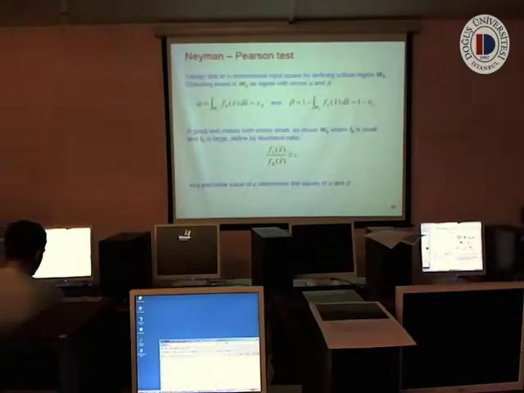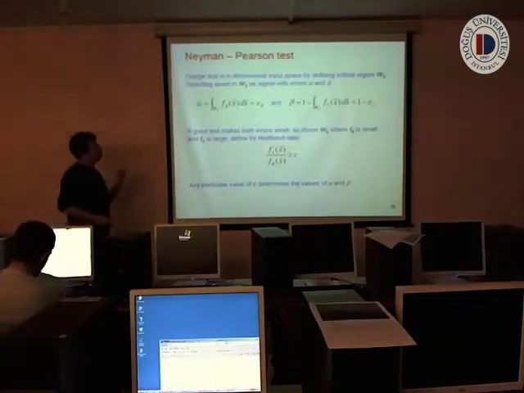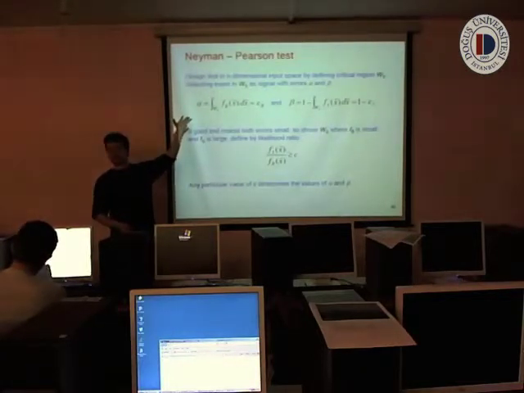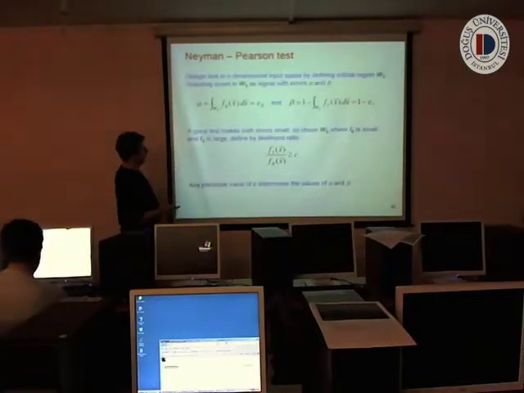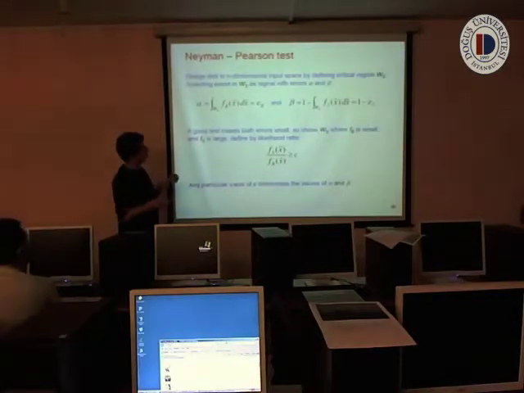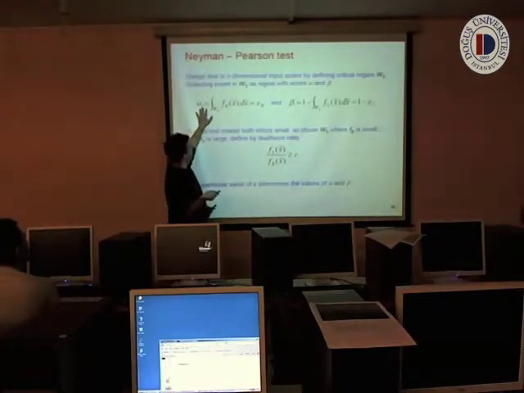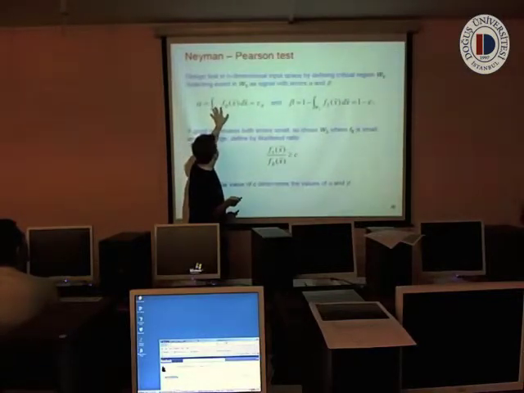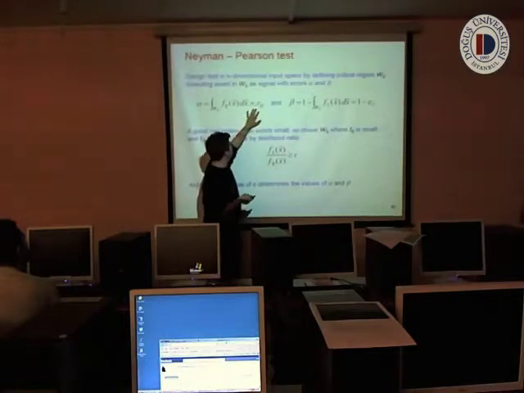So there's one important theorem that tells you how good you can do. What you want to do is keep alpha and beta small. Alpha was basically the background in the signal region, so you want to keep the background efficiency small.